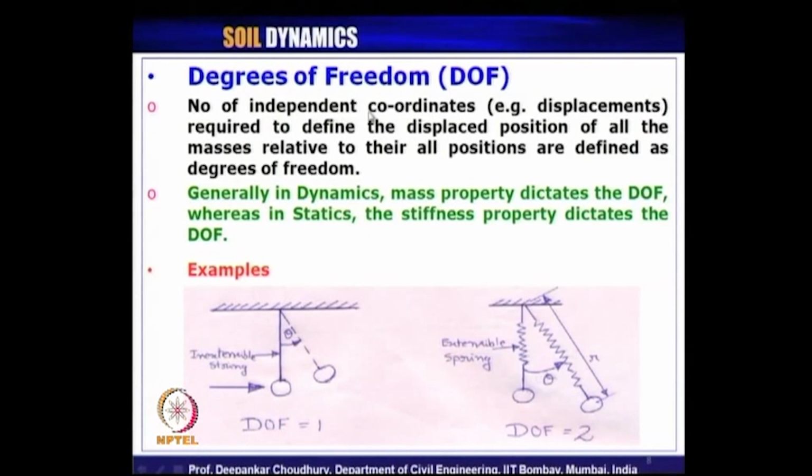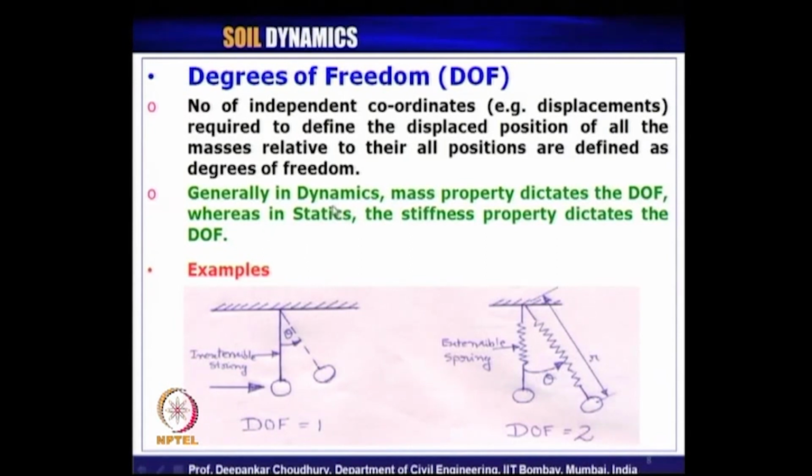It is the number of independent coordinates which defines all the positions of the system, and that defines the degrees of freedom of the system. Generally, in dynamics, the mass property dictates the degrees of freedom, whereas in problems related to static loading, the stiffness property dictates the degrees of freedom.